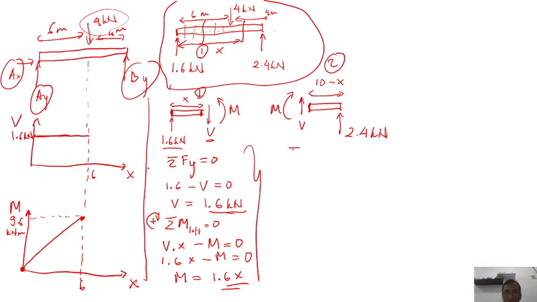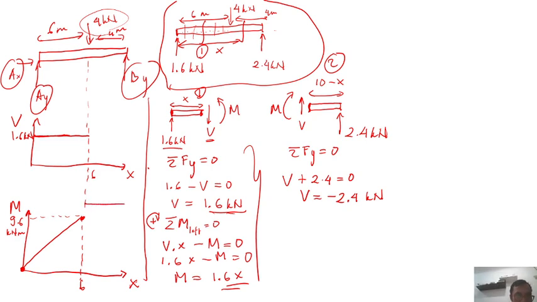Sigma Fy equal to 0. By doing sigma Fy equal to 0, what I will get is V plus 2.4 equal to 0. Then my V will be minus 2.4 kilonewton. That's why we can draw it here. It will be minus 2.4 kilonewton.